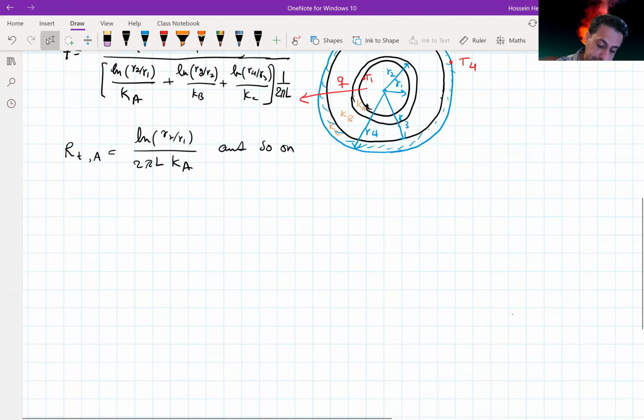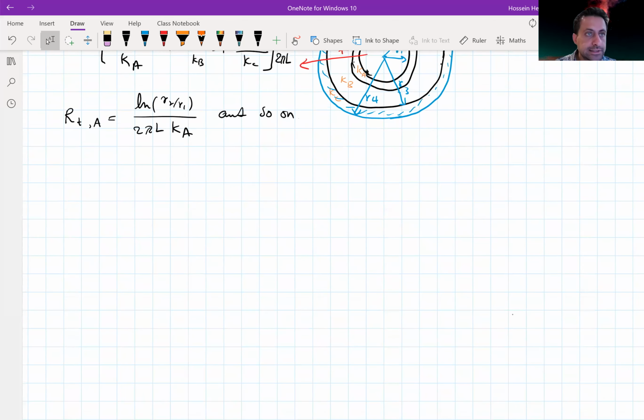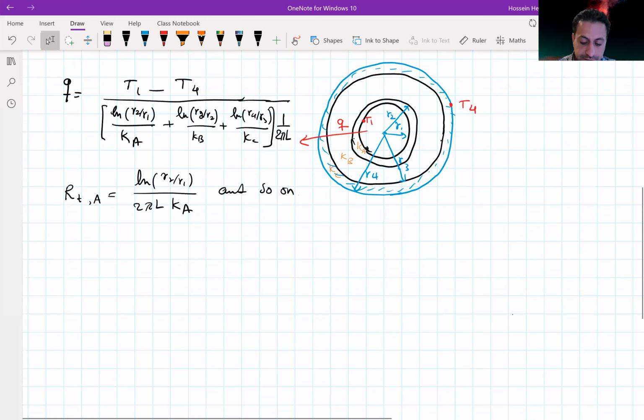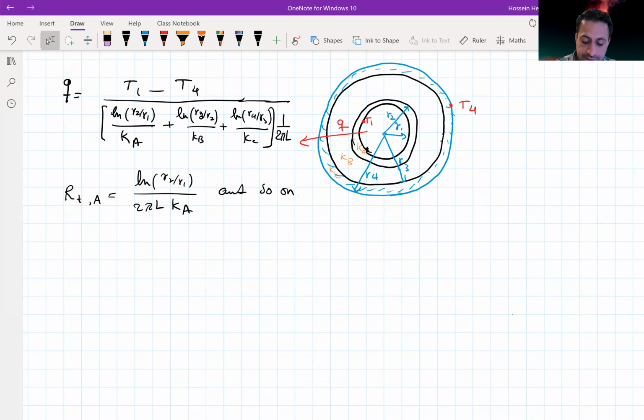Another situation that can happen is, let's say there is convection inside the pipe and outside. Let's say this pipe is carrying some hot fluid. Because the fluid is moving, we would have a convective mode of heat transfer inside the pipe. And let's say outside there is wind or air just passing through, so we would have outside convection too.